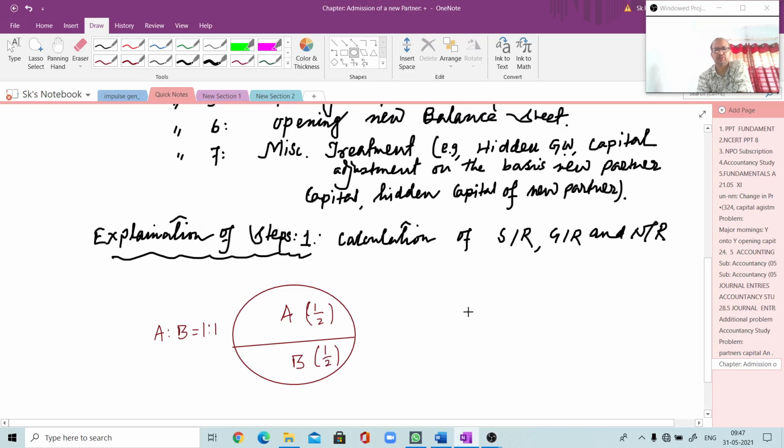So what changes will there be in the new partnership form? First of all, we have to give C's share.